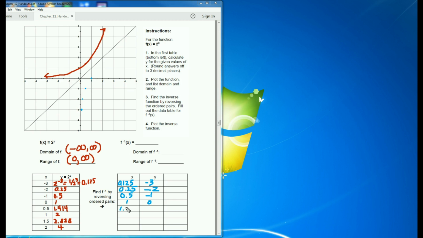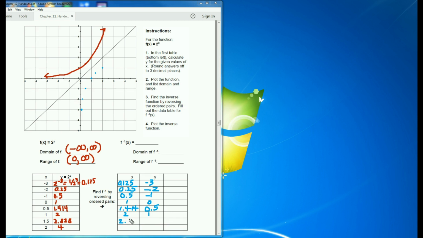1.414 and 0.5. Okay, let's plot that. So 1.4, just a little bit less than 1.5, and then it's 0.5, so about there. Let's see, 2, 1 is there.